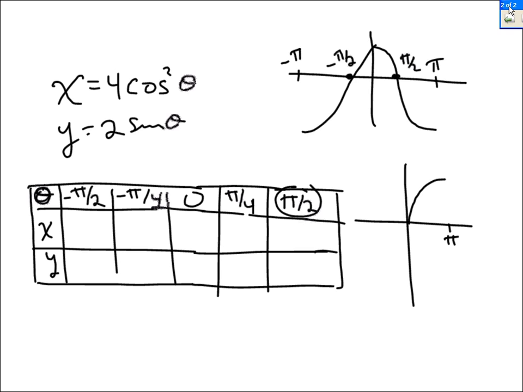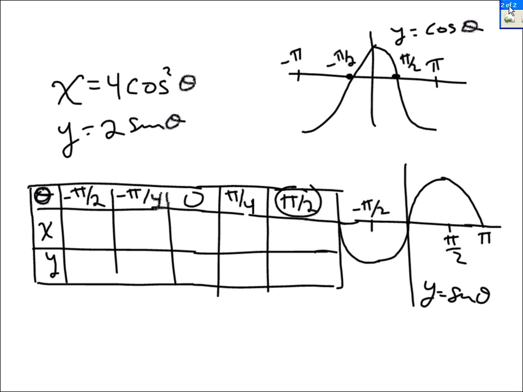That's pi right there. Here's pi, so that's pi over 2. That's negative pi over 2. y equals cosine theta. y equals sine theta. Or at least part of it.